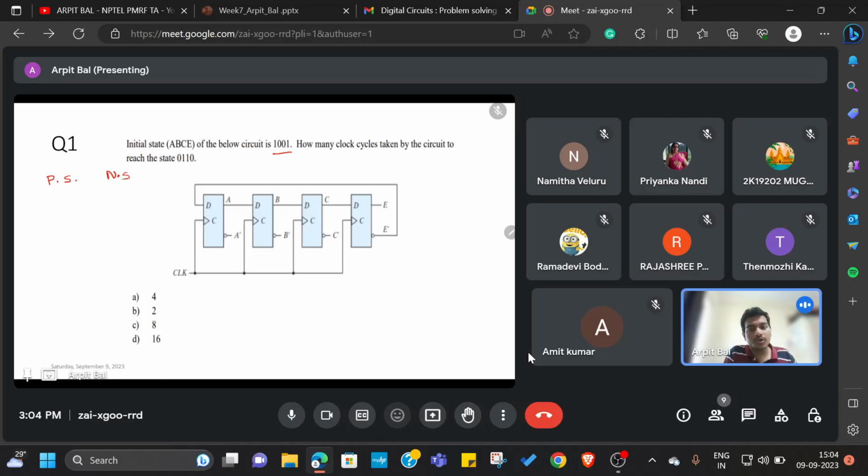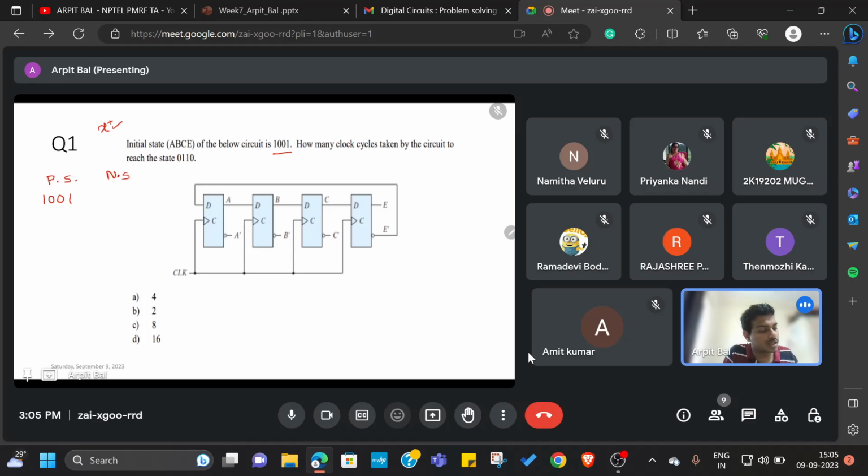I'm going to use a few notations. If I use x plus, it means the next state. It is given to us that the initial state is 1001.